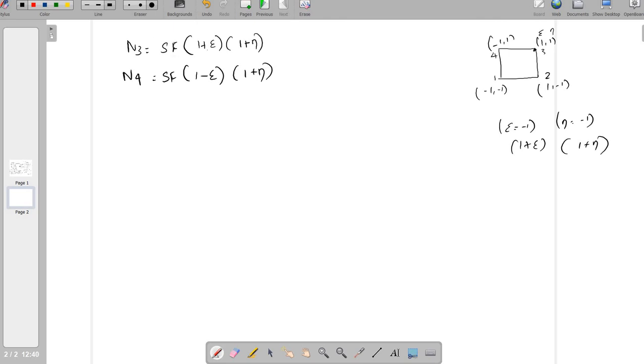So now it is time to find the value of the scale factor. For that we use the boundary condition. We can call it a geometric boundary condition. That is, n1 is equal to 1 at node 1. The node 1 coordinate is minus 1 comma minus 1.